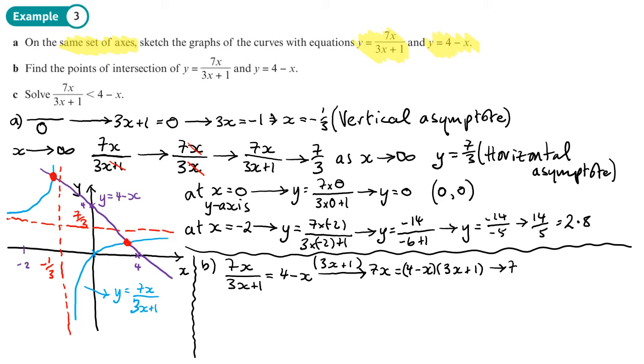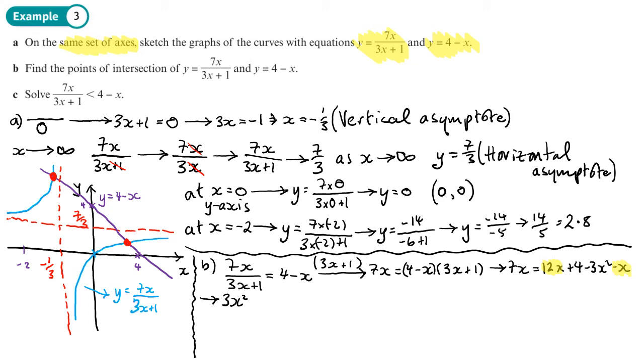So let's expand the brackets first. So 12x plus 4 minus 3x squared minus x. Let's bring it all to the same side. So we'll have 3x squared. Then we have 7x. We've got 12x minus x, that's 11x.